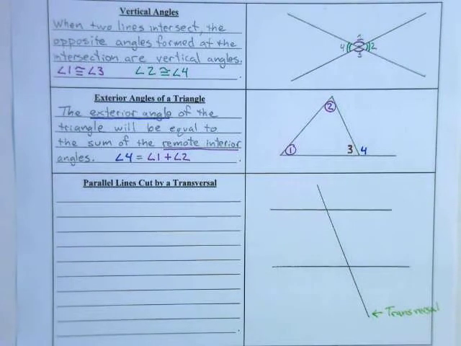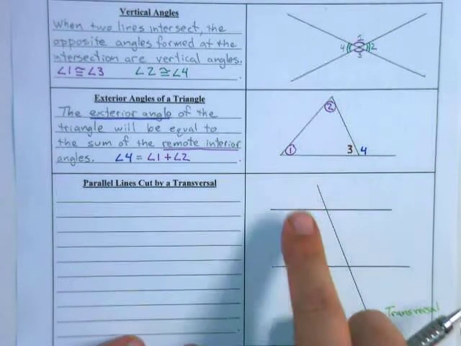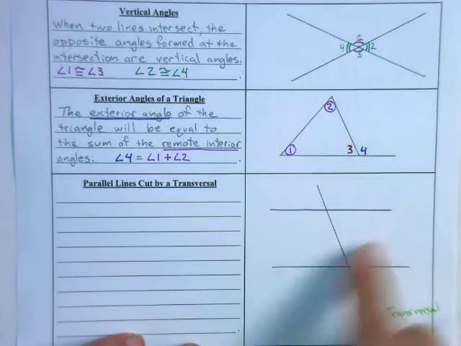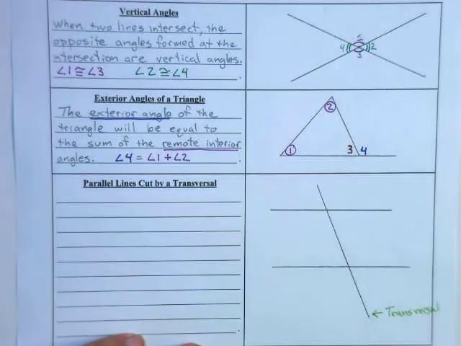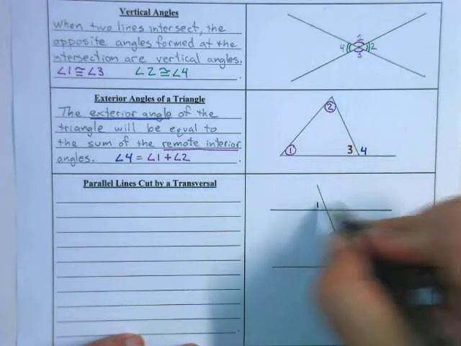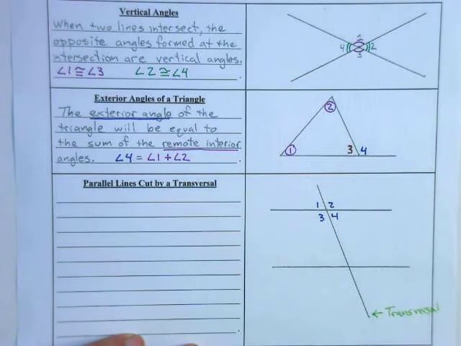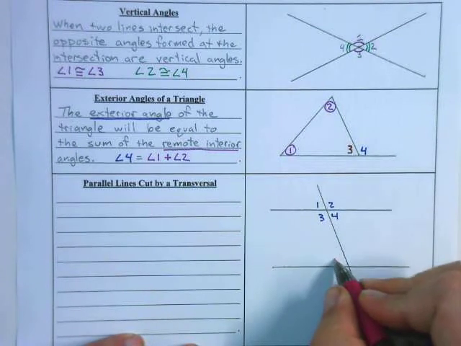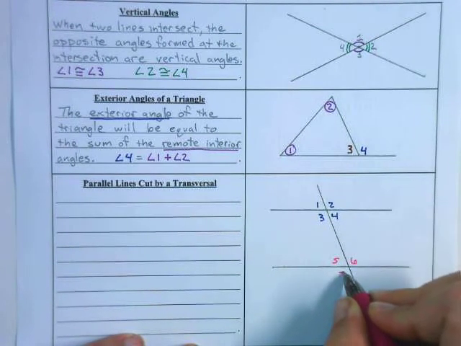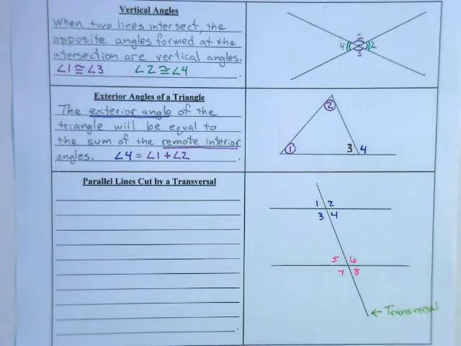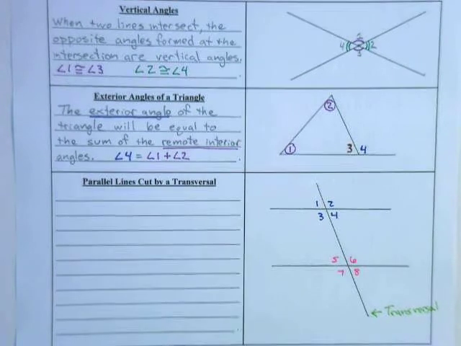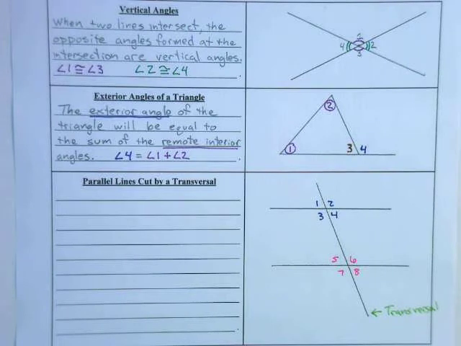Okay. So what ended up happening here is we have a set of angles. We've created 8 angles. 1, 2, 3, 4, and angles 5, 6, 7, and 8. So what ends up happening is we have a lot of different congruent angles.